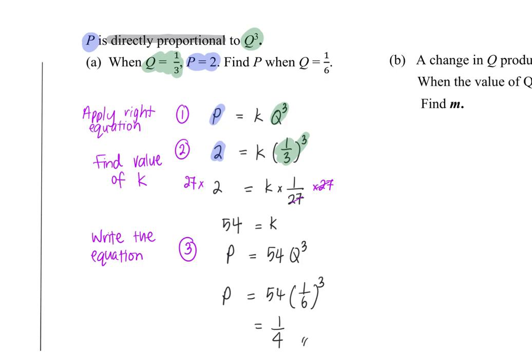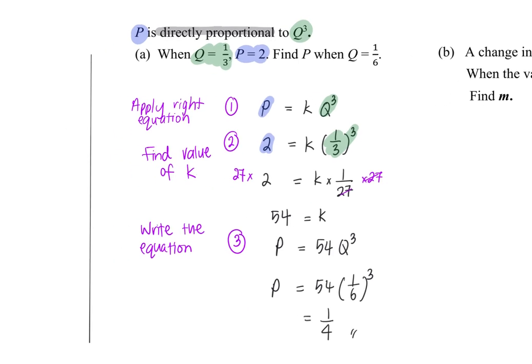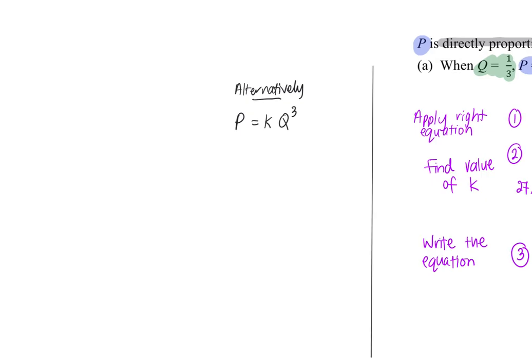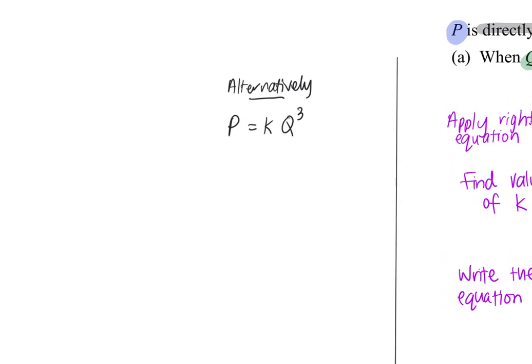This method builds on the fact that K is a constant. So, I shall draw your attention to here. Alternatively, given P equals KQ cube, we can find what K is.